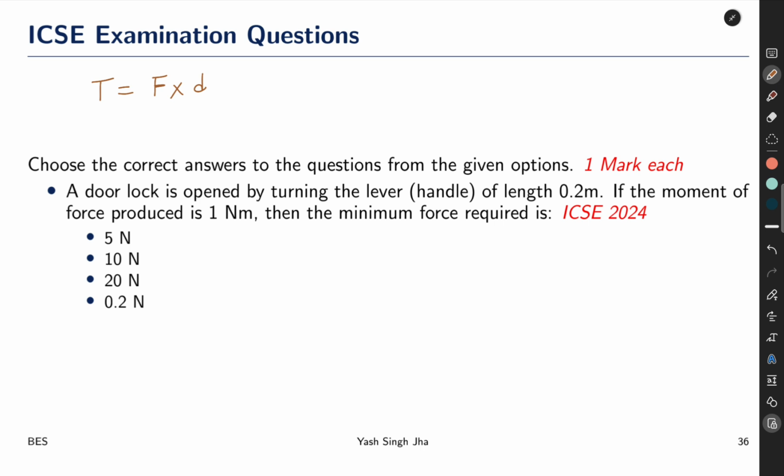If the moment of force produced is 1 Newton meter, so we know that 1 Newton meter is force times the distance. The distance of a door lock can be anything between 0 and 0.2 meters, right? Because the handle is at 0.2 meter, but I can apply the force anywhere, from 0 to 0.2.